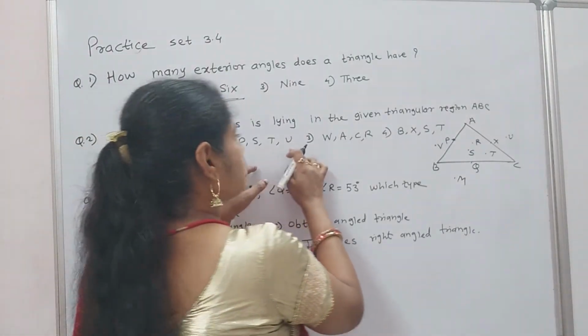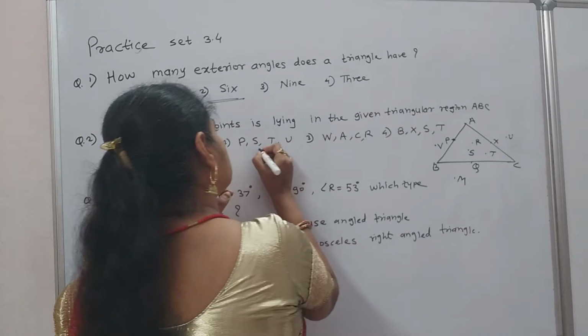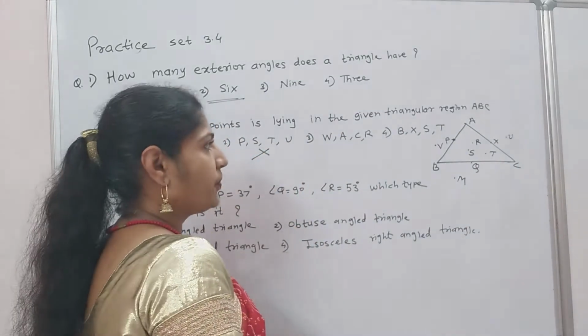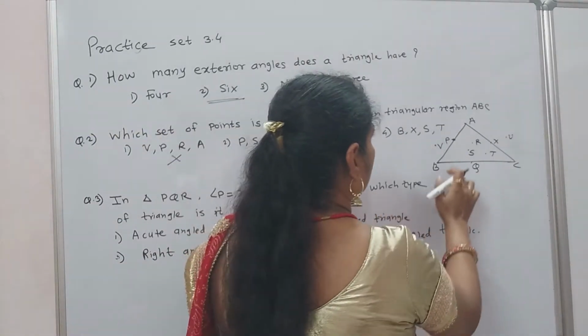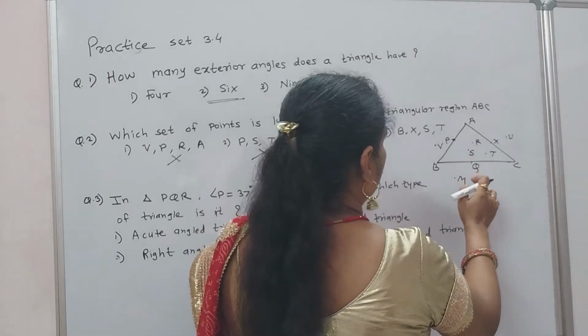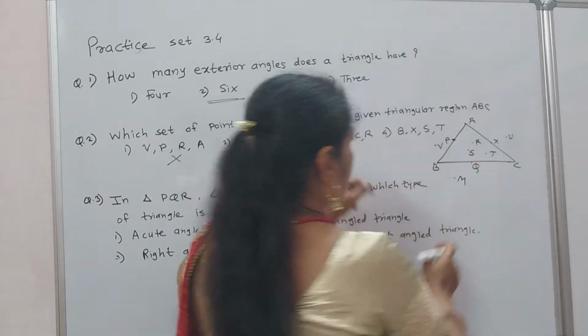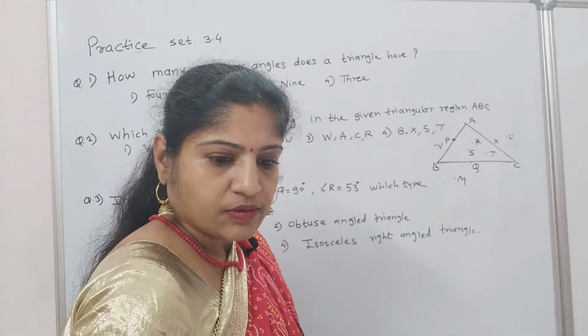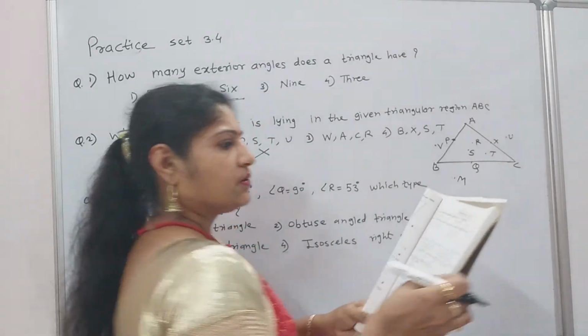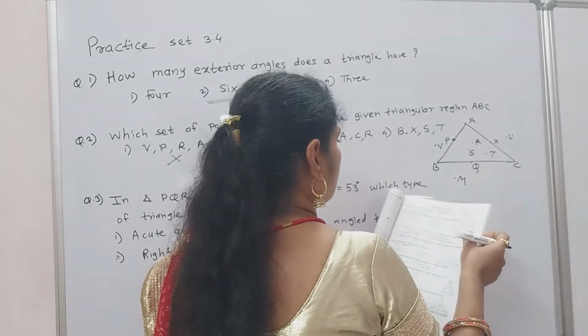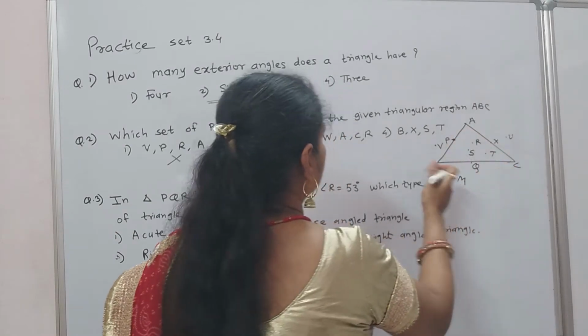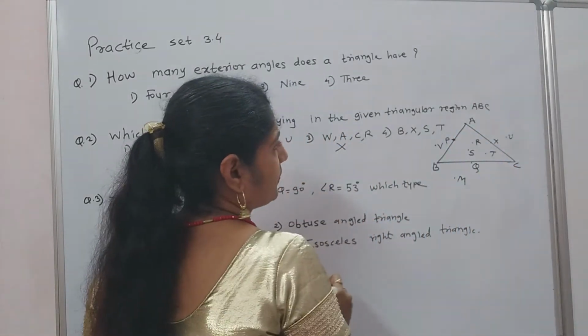Number 2, PSTU. U is an exterior point. This option is also wrong. WACR. W, there is no W here. So this option is wrong.